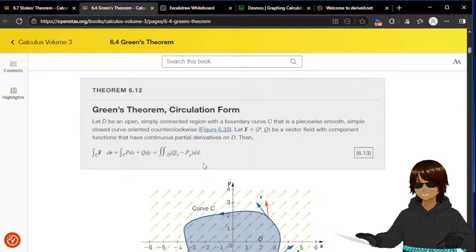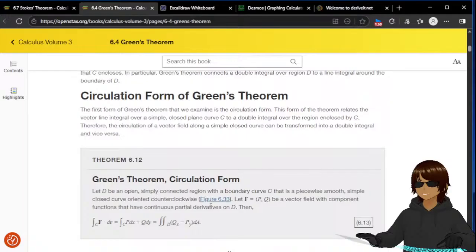This is the cross product, right? Sorry, this is the curl for two dimensions.